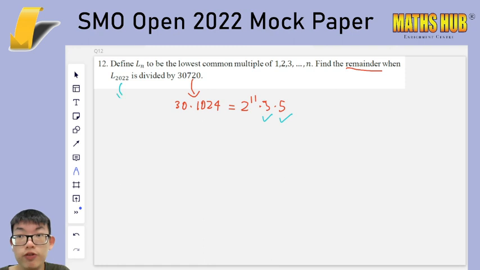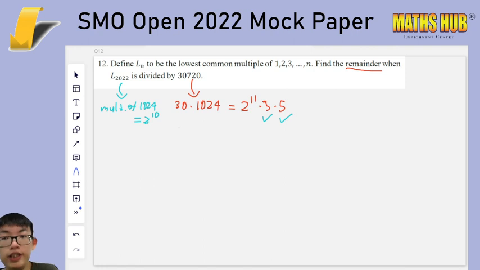And 1024 is going to be inside. But not 2 to the power of 11. 2 to the power of 11 is 2048, which is beyond this range.